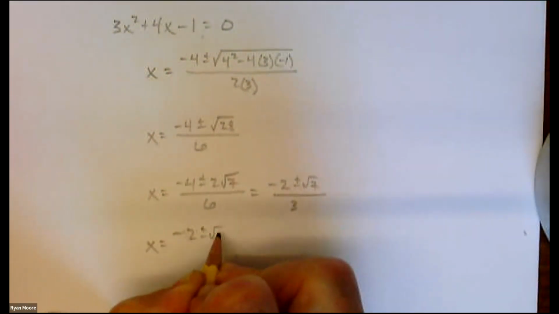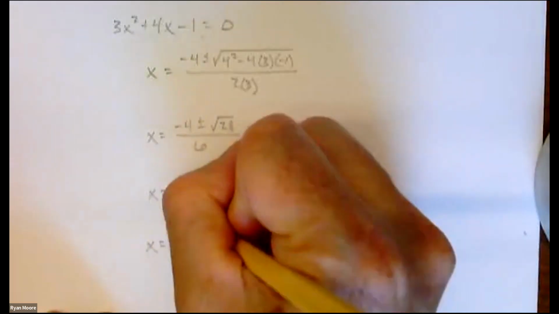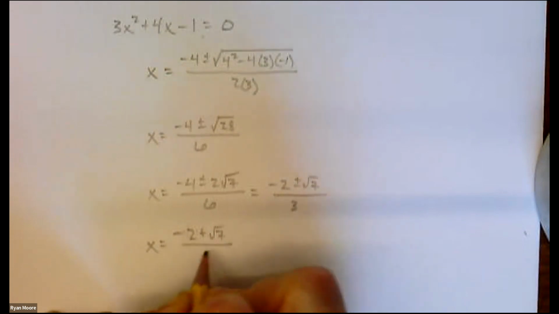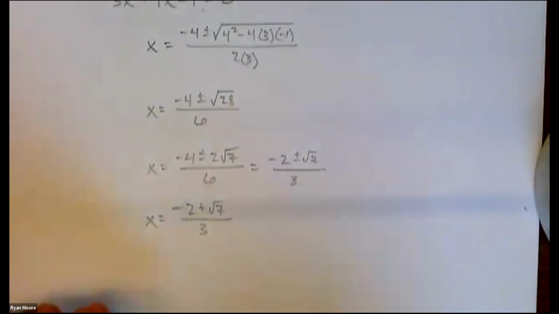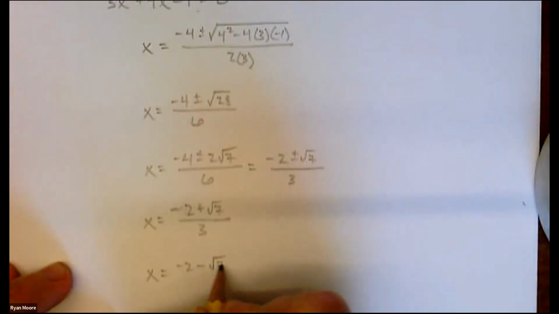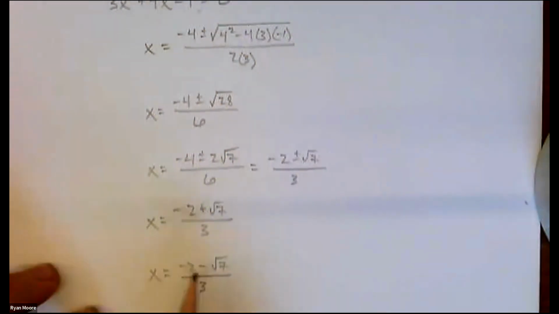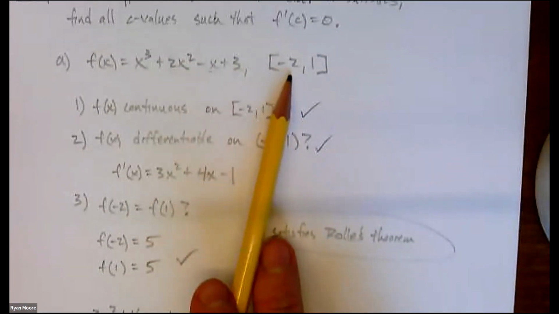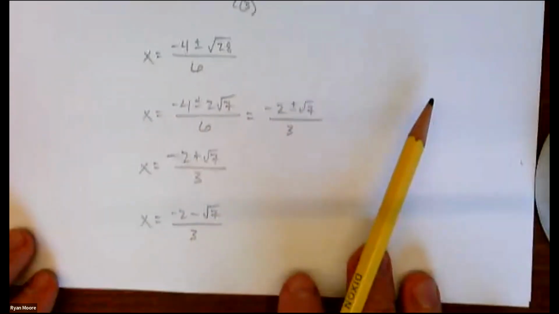Let's look at them one at a time. Negative 2 plus square root 7 over 3, and negative 2 minus square root 7 over 3. Now, at least one of these, maybe both, is going to be in our interval.